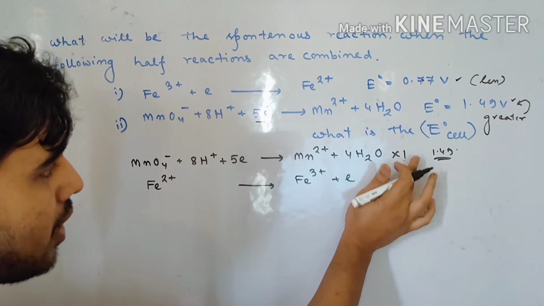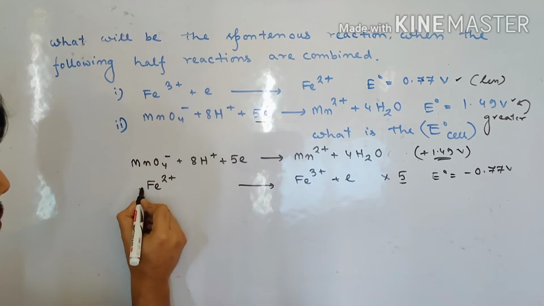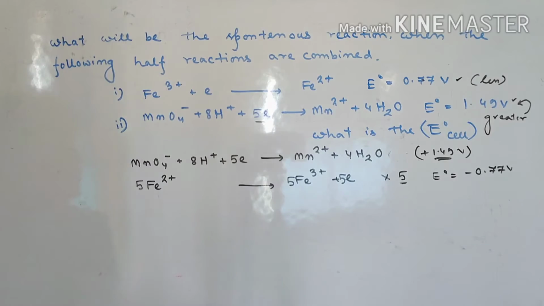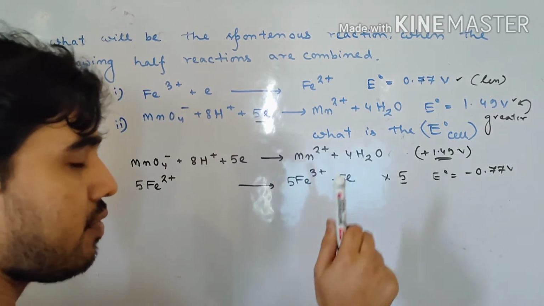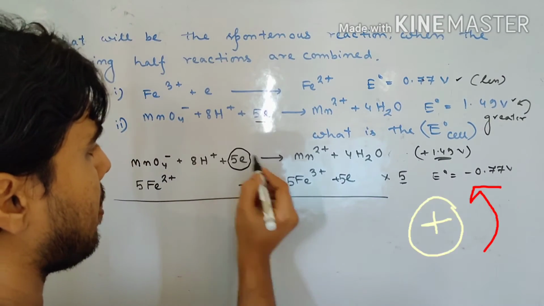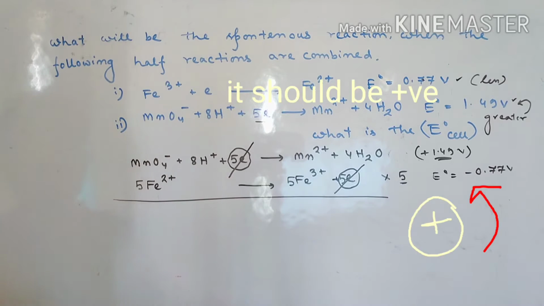If it is multiplied by 1, it will remain as it is. Multiplied by 5, so this and this one. Okay, up to now? Why it is multiplied by 5, is it clear? Now, simply do this.